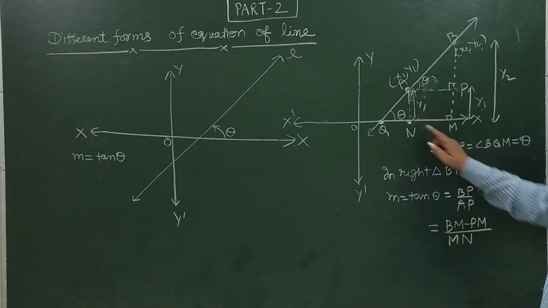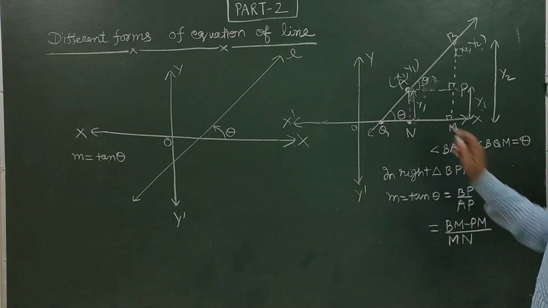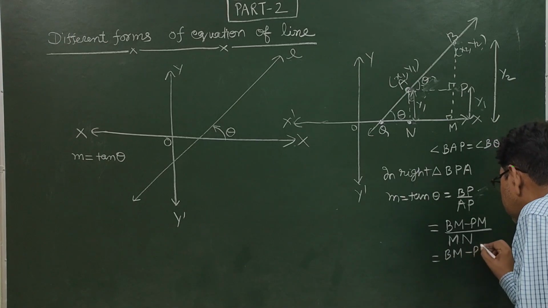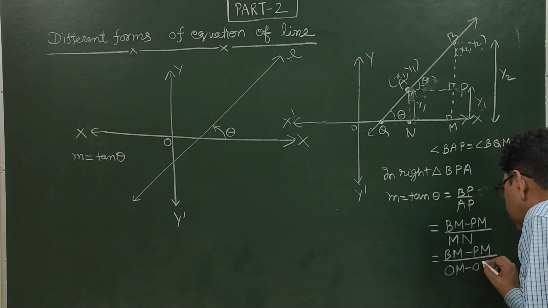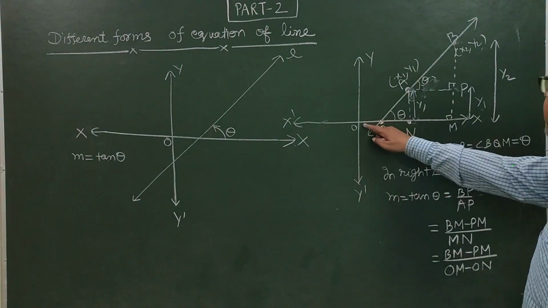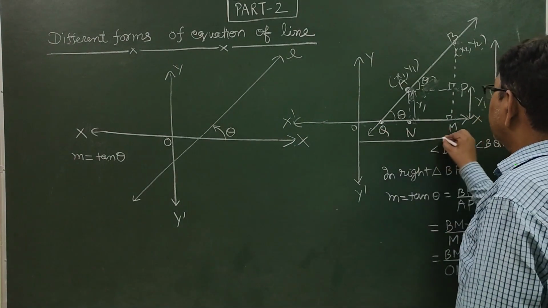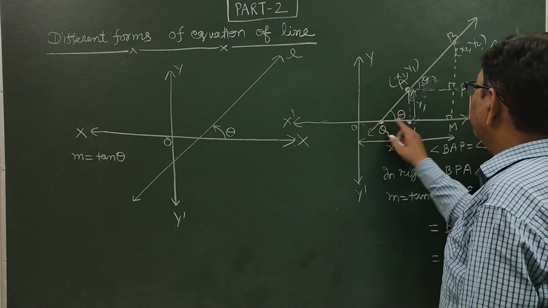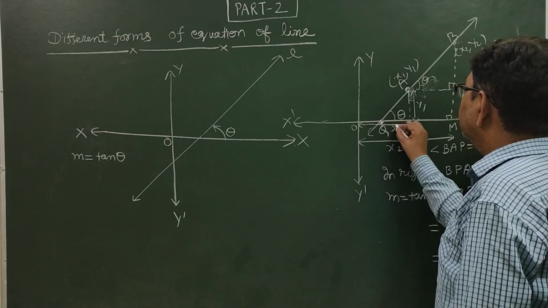Now MN is equal to OM minus ON. OM is the x coordinate of point B, so this distance is x2, and up to N this distance is x1.